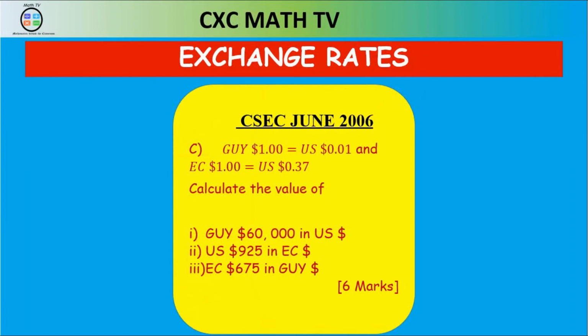Part 1, calculate Guyanese 60,000 in USD. Part 2, US 925 in Eastern Caribbean dollars. And part 3, EC dollars to Guyanese. And it was 6 marks to do these 3 questions. So go ahead, pause the video and attempt this question for me. It's a CSEC question, so attempt it, please.